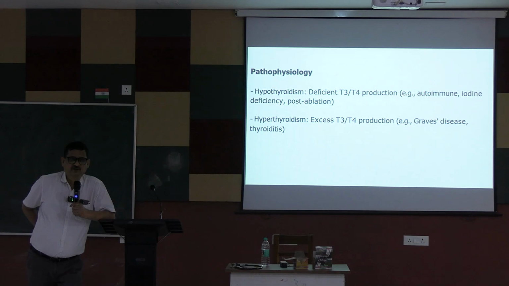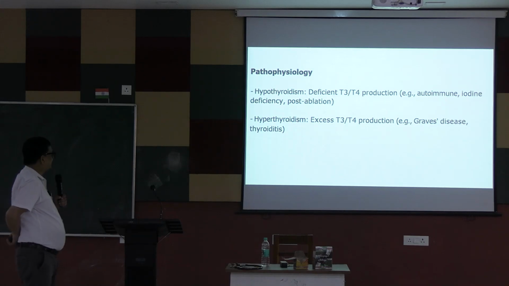There are 4 iodine atoms attached to T4, 2 in the inner ring and 2 in the outer ring. Whereas in T3, there are 3 iodine atoms, 2 in the inner ring and 1 in the outer ring. So the conversion from T4 to T3 happens in the periphery, and this process is called deiodination.